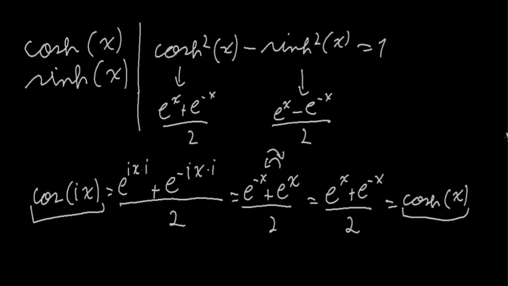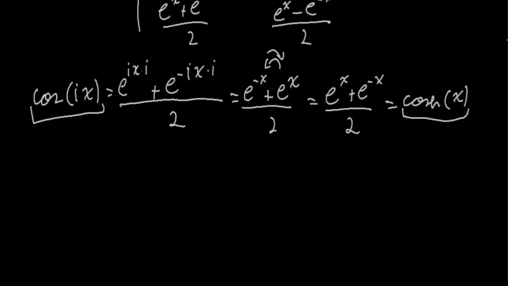You can do the same for sine, though it takes a little bit more steps. So you have, for example, sine of ix. Well, this will be e to the ix times i minus e to the negative ix times i, right?